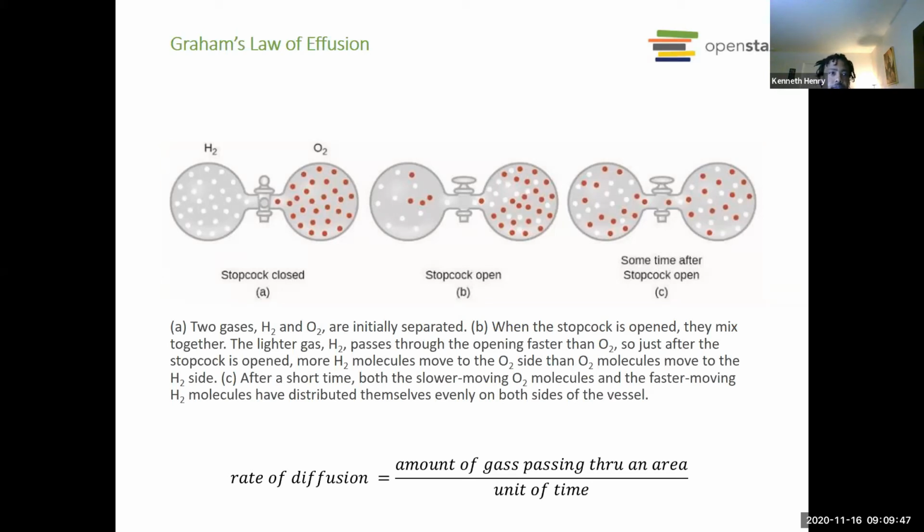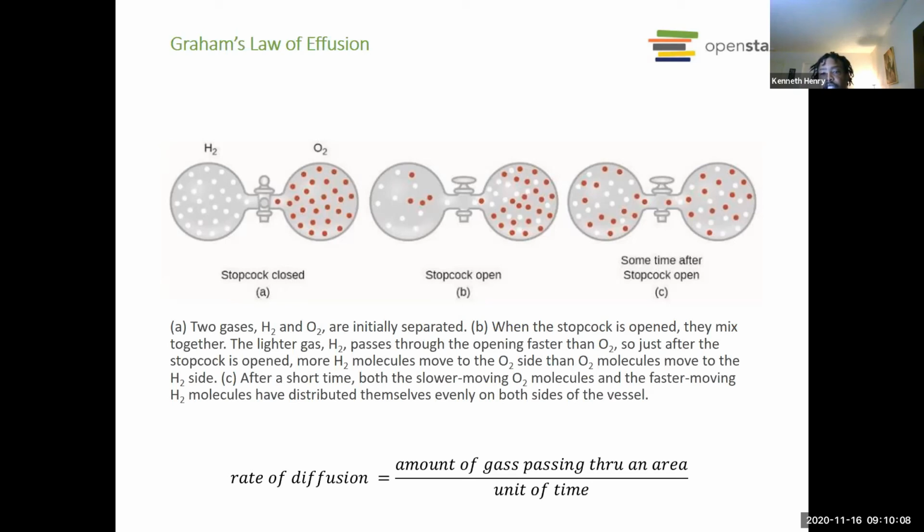That is an example of diffusion, or actually, it's an example of effusion, because effusion is going through a smaller hole. But the fact that they're able to move from one side to the other and reach equilibrium, that movement from a high concentration to a low concentration, that's diffusion.